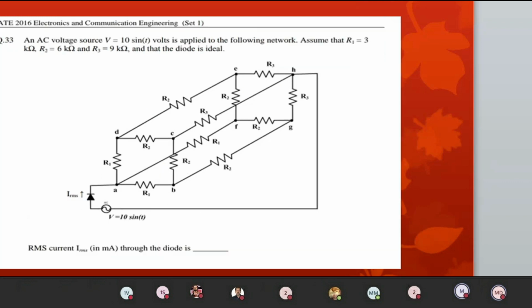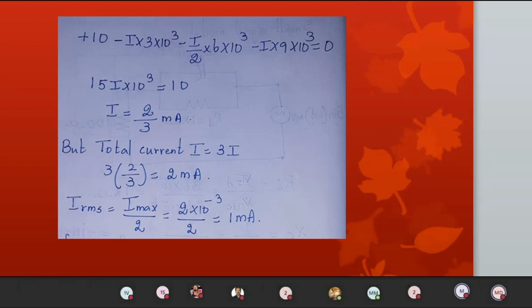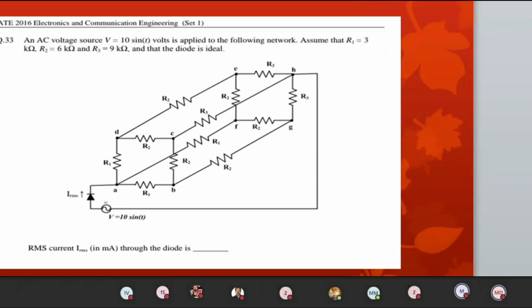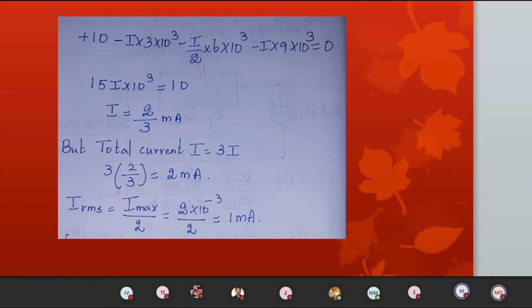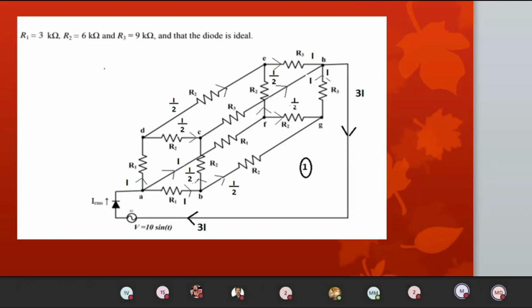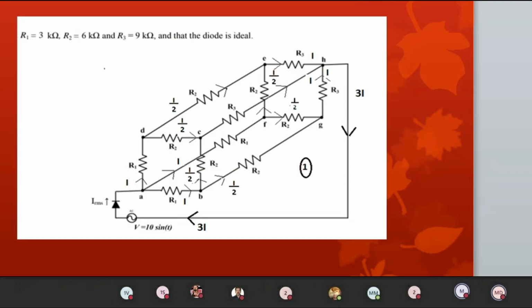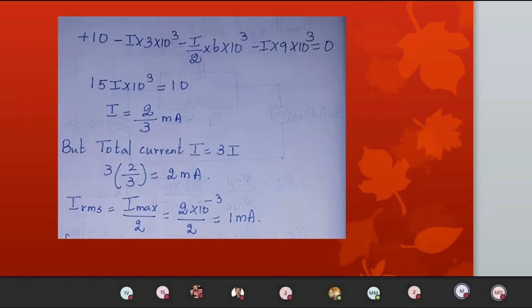Plus 10, minus I into R, so minus current through AB, I into R1, which is 3 into 10 power 3. Then minus current through BG, minus I by 2 into R2, minus I into 9 into 10 power 3, which is G to H. So 15I into 10 power 3 is equal to 10. So I is equal to 10 by 15, 2 by 3 milliamps.